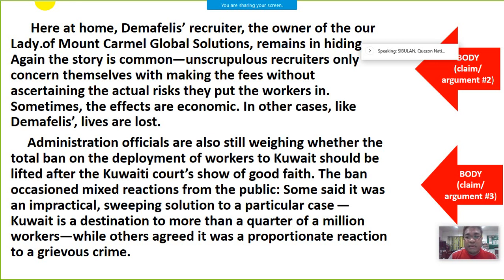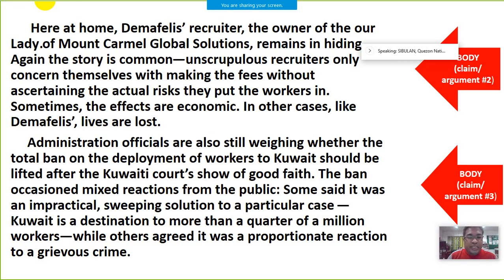Right now, the recruiter is not yet tracked. The whereabouts is not yet tracked by the operatives. So, what do you observe in the way this editorial is presented? The writer used the deductive method, from universal context going down to the Philippine context.